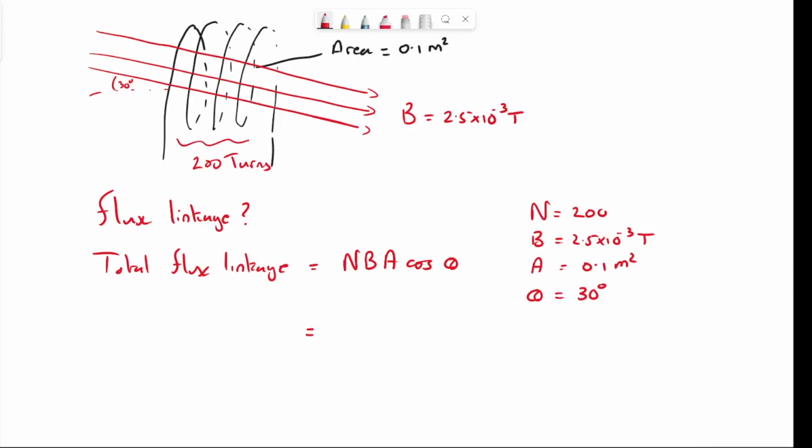If we substitute the values in the equation, we have 200 times 2.5 times 10 to the minus 3 times 0.1 times cos of 30, which returns a value of 0.043 Weber turns.